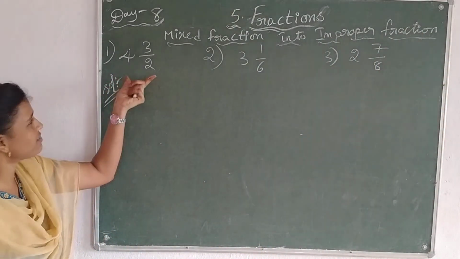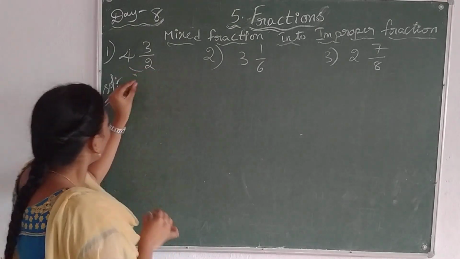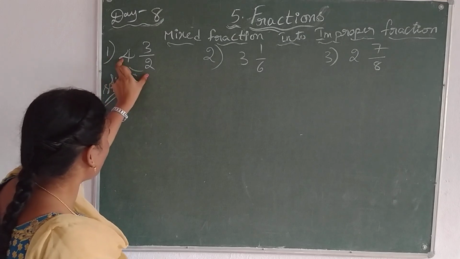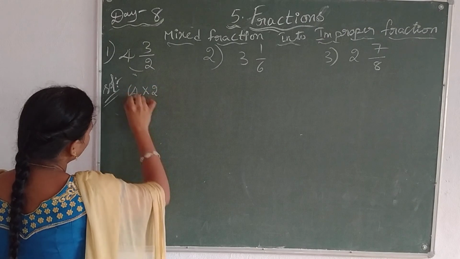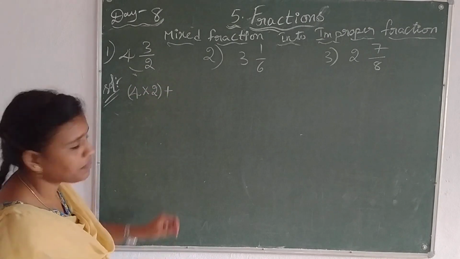First, you should take this number and multiply these two numbers. What are the numbers? Denominator and whole number. Multiply denominator and whole number: 4 into 2. Put a bracket and keep plus here.